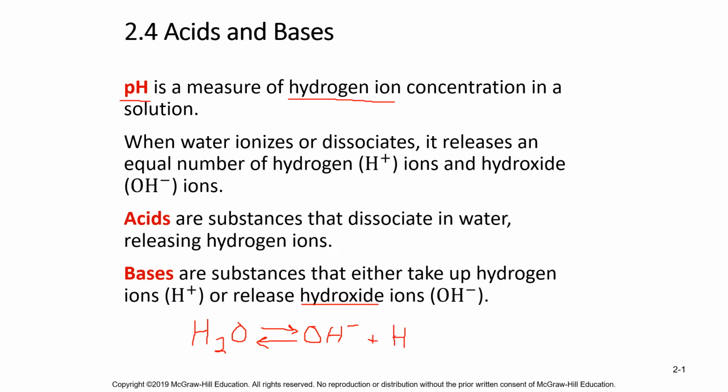The other part of that, the positive part, is just a hydrogen by itself with a positive charge. So this hydroxyl group has taken the electron from hydrogen. Remember, hydrogen only has one electron. And that means that hydrogen is positively charged.